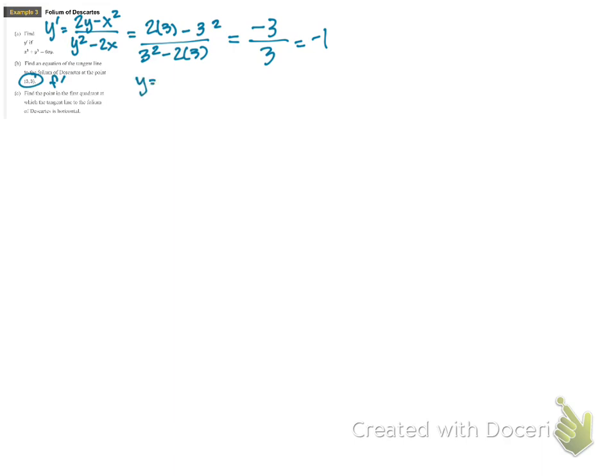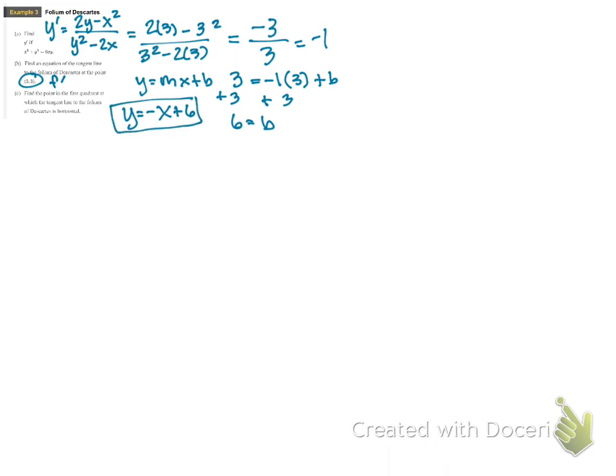So y equals mx plus b. 3 equals negative 1 by 3 plus b. Seems like y equals negative x plus 6 is the equation of that tangent line.